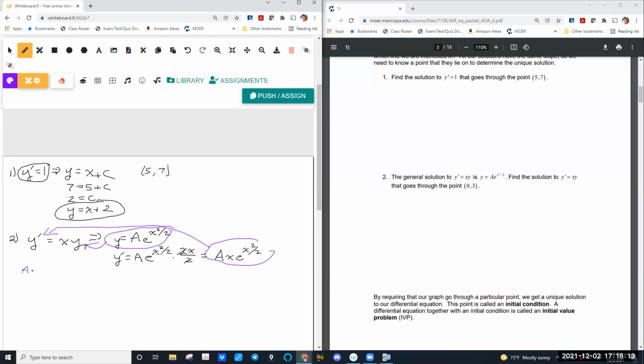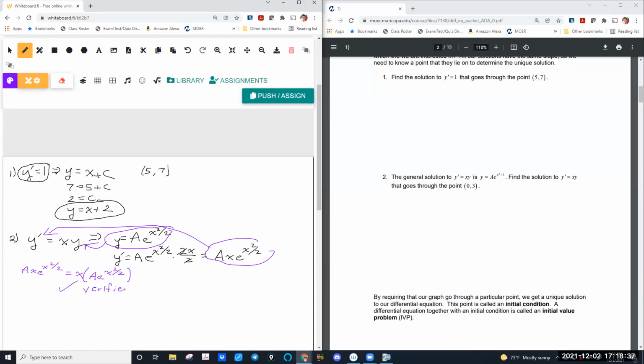So y prime is a x e to the x squared over 2. And then over here, we have x, and then we substitute in the y, which is a e to the x squared over 2. And we can see that these are in fact equal.